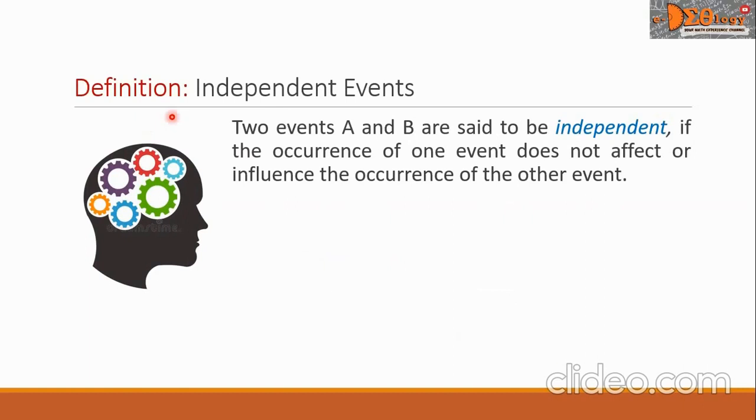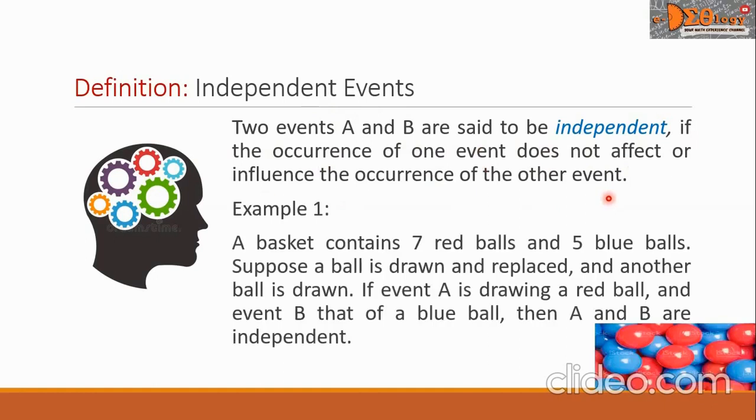Let us now define some terms. The first is independent events. Two events, A and B, are said to be independent if the occurrence of one event does not affect or influence the occurrence of the other event. Example 1.